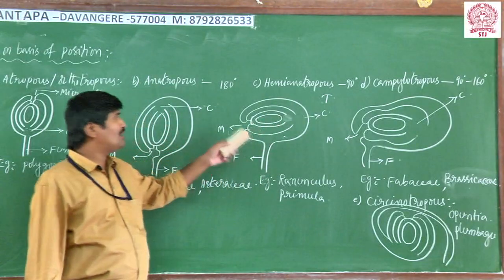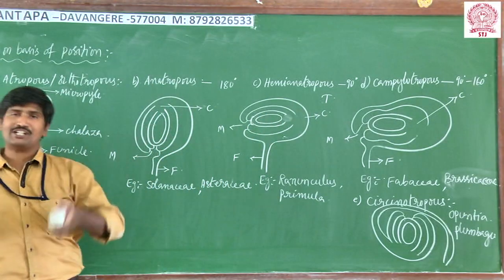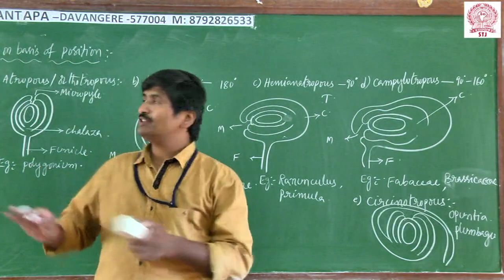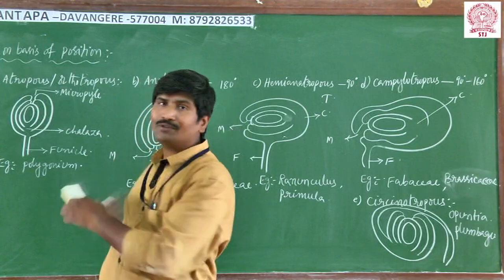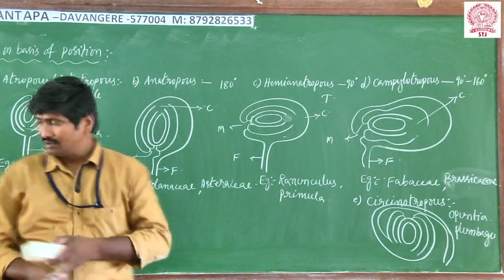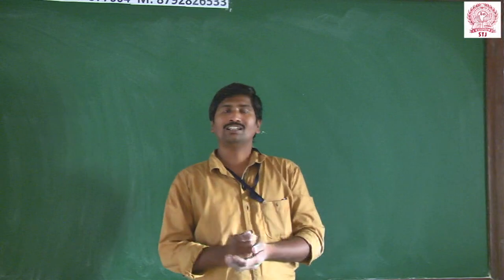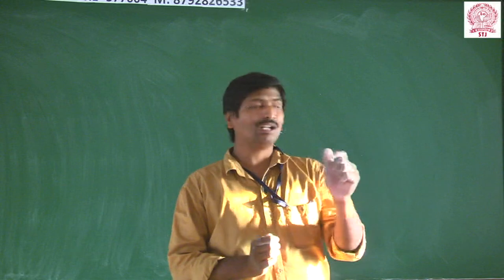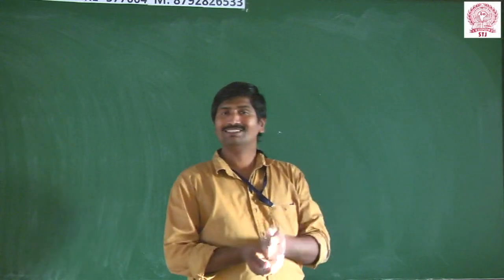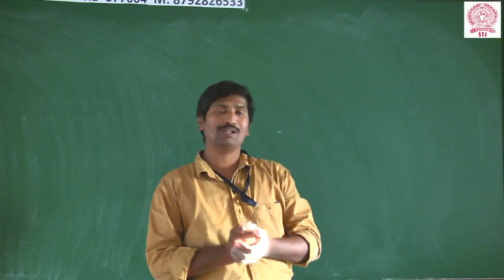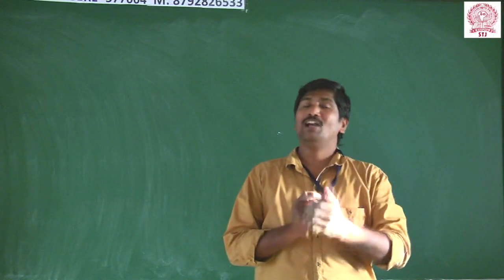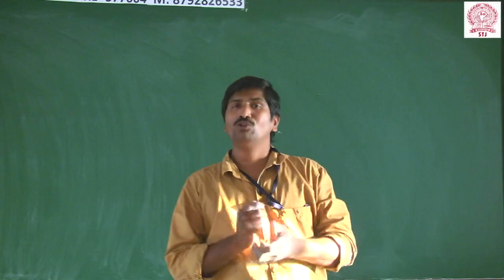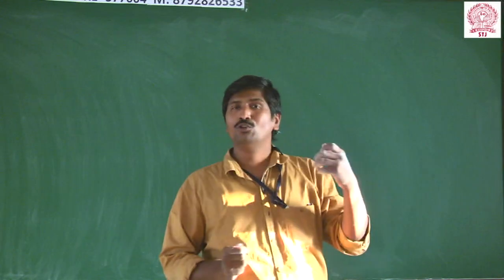Third, types of ovule on the basis of position. Based on these three categories, the different types of ovules are mentioned. On the basis of the position of the ovule parts, a total of 5 types is completed: one is atropous or orthotropous, second anatropous, third hemianatropous, fourth campylotropous, and the fifth circinotropous ovule.